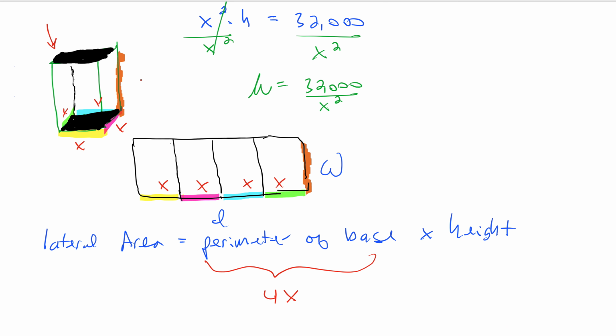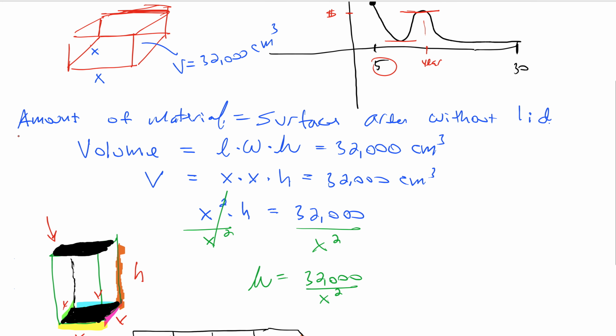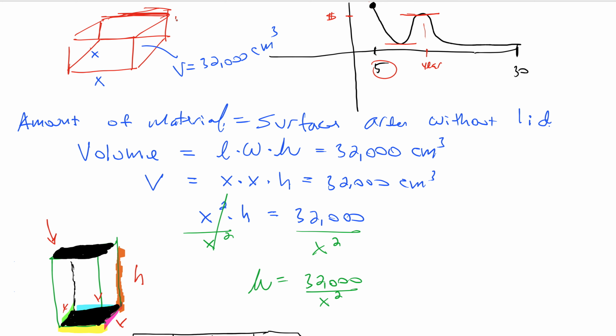Okay. You with me? Okay, so we know the perimeter of the base is 4x. Times the height, well, we'll just call that h for now.